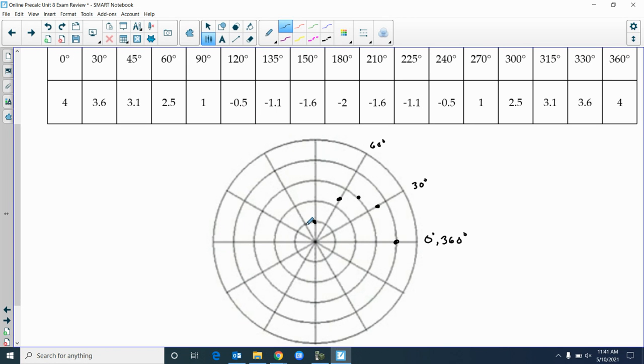So you go to 120, you go through 0, and you draw it back here. Well, one thing you got to watch is anything that goes from a positive to a negative at some point had to go through 0. So I'm going to connect these points with a smooth curve.